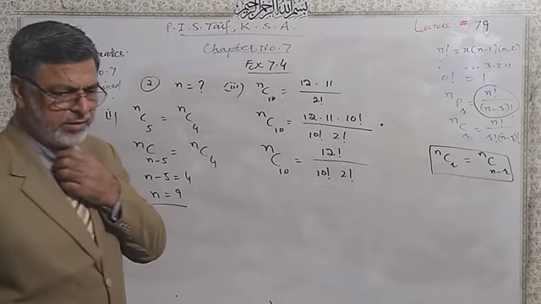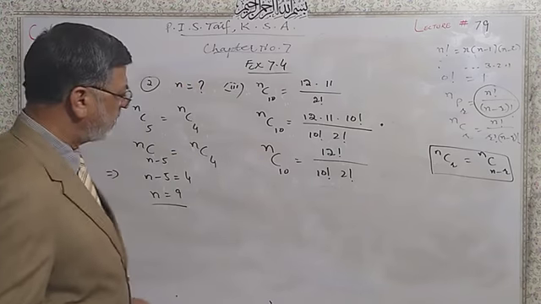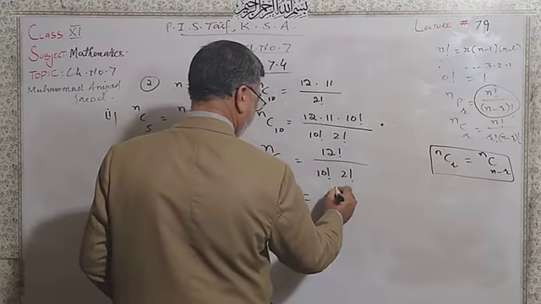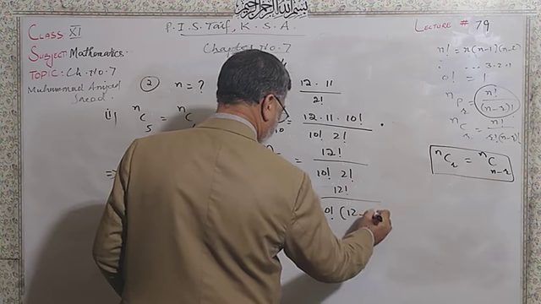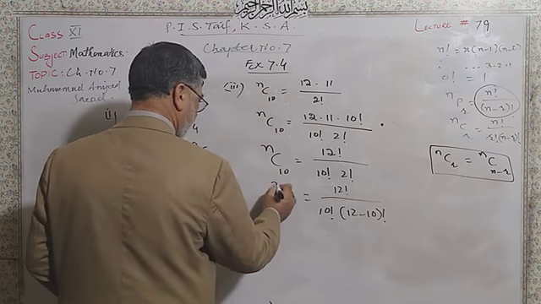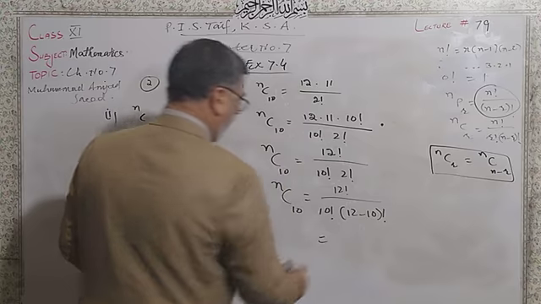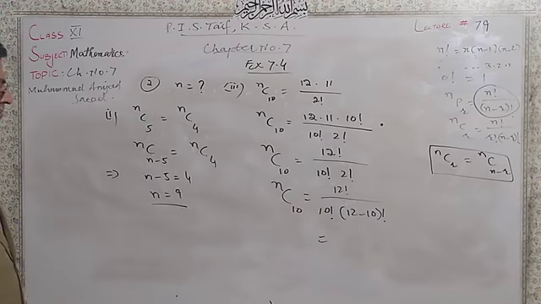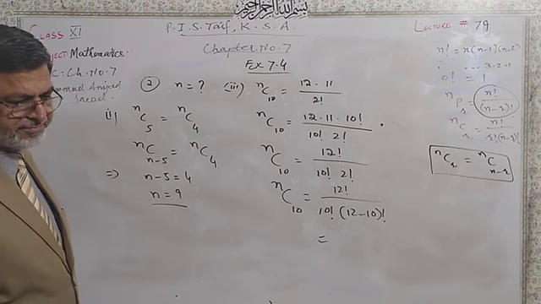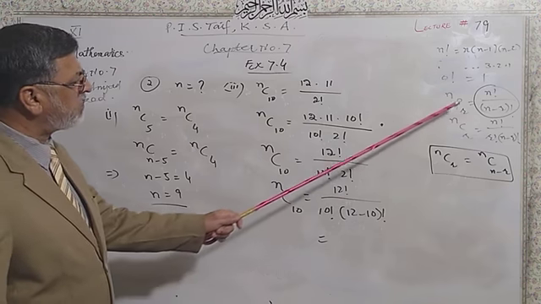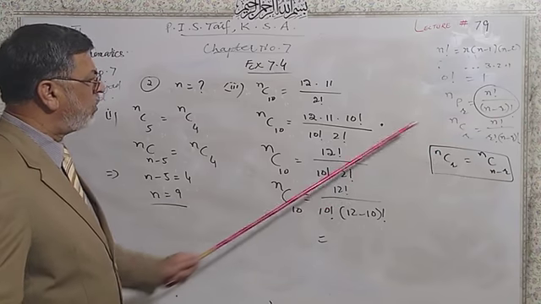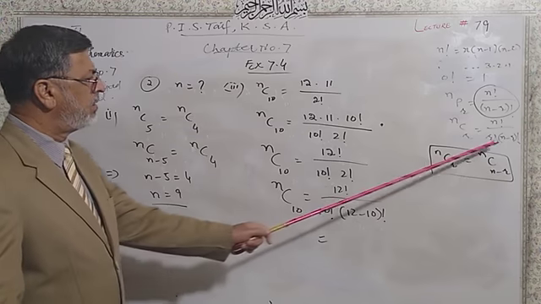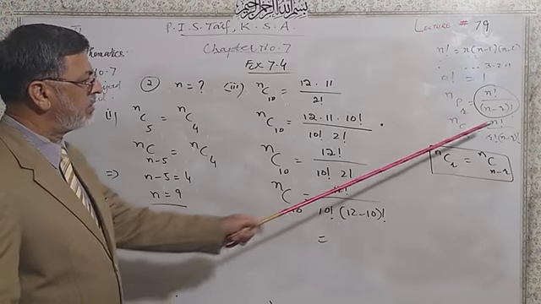You can check 12 factorial over 10 factorial into 12 minus 10 factorial, from this formula, n factorial over r factorial into n minus r factorial.